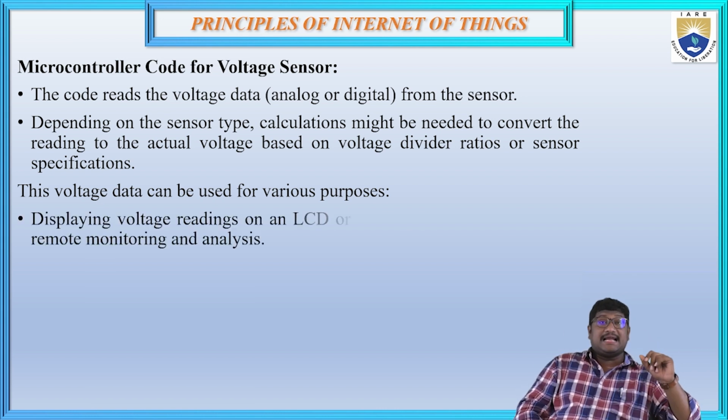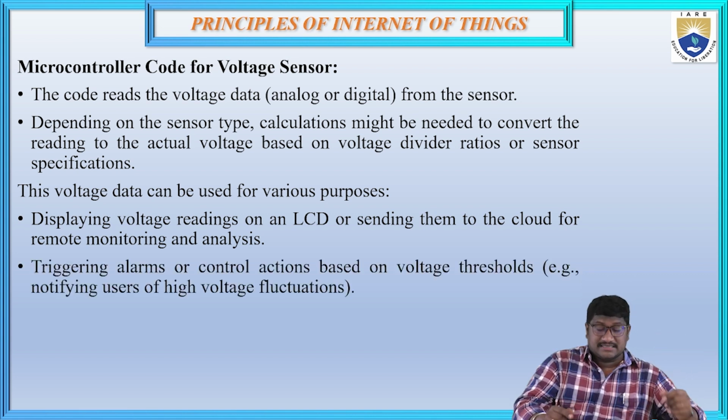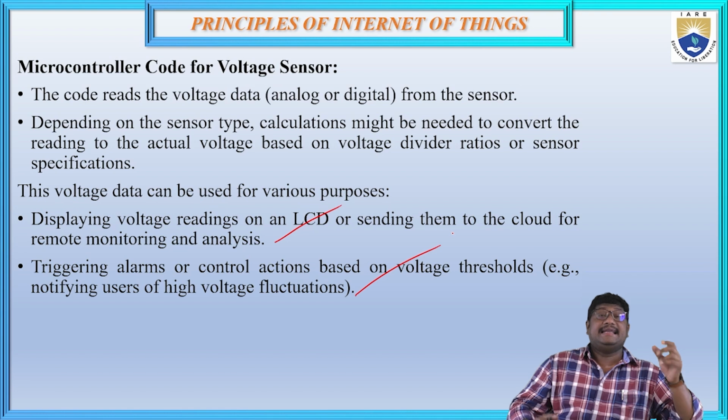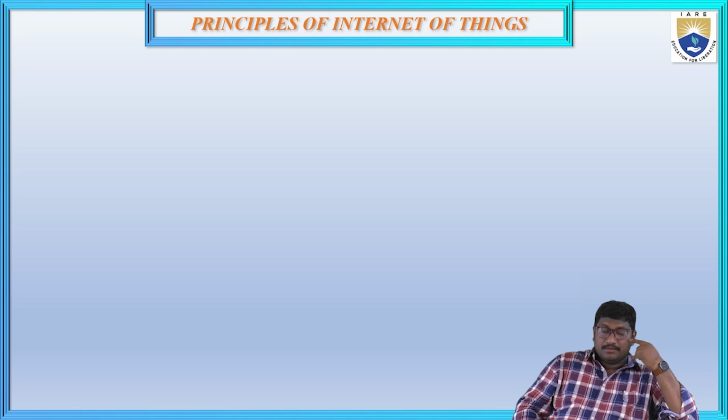The voltage data can be used for various purposes. The first one is displaying voltage readings on an LCD or sending them to the cloud for remote monitoring and analysis. And the second is triggering alarms or control actions based on voltage thresholds.